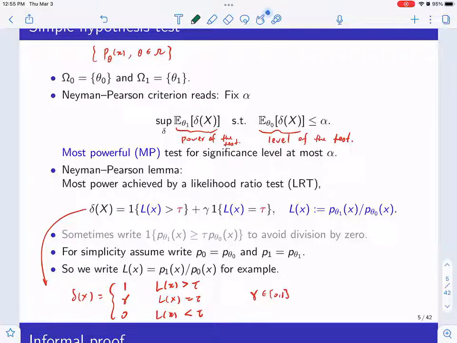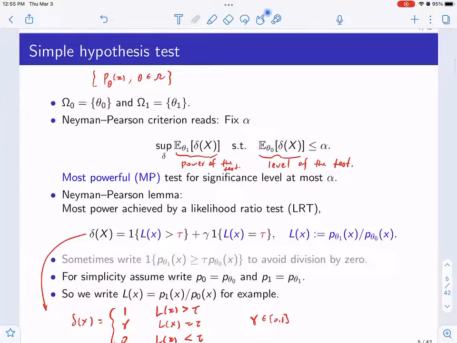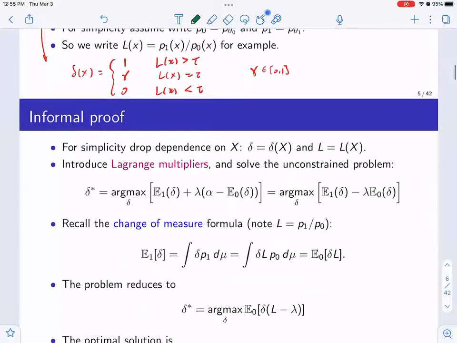I'm going to introduce a parameter lambda, a Lagrange multiplier, and bring that constraint into the objective: lambda times the expectation under theta naught of delta minus alpha, less than 0, added to the objective.